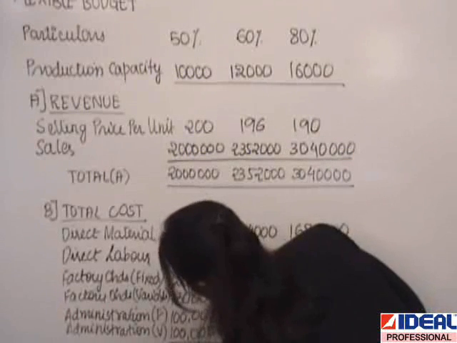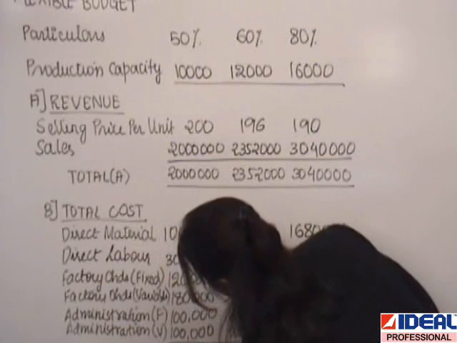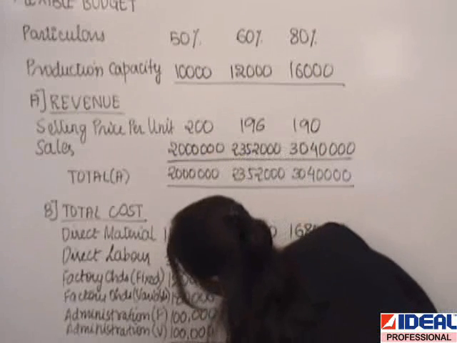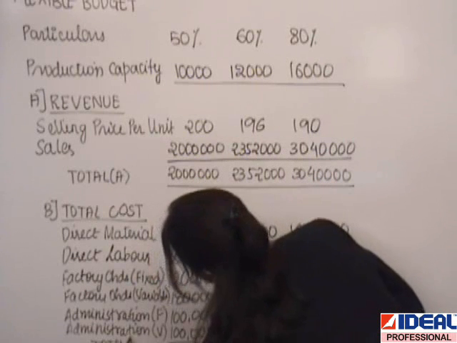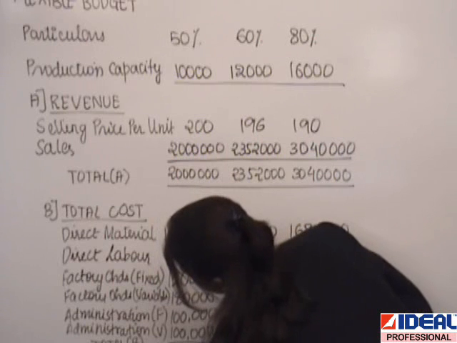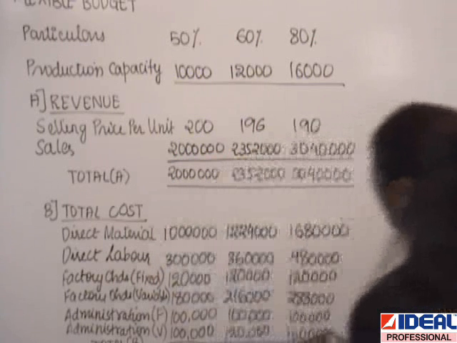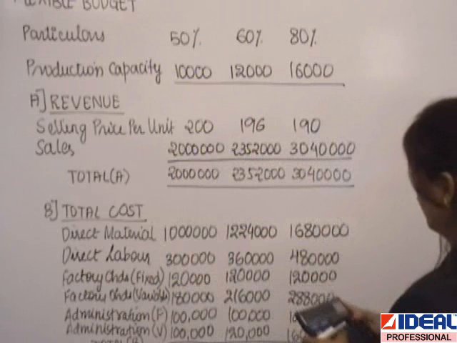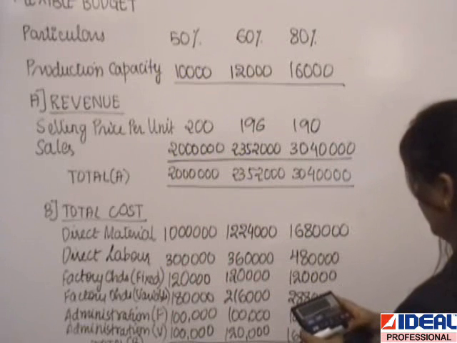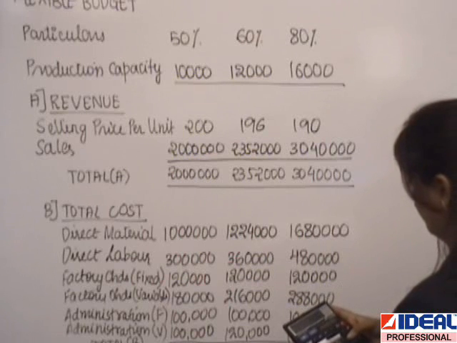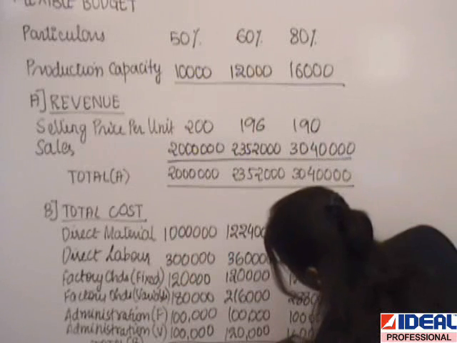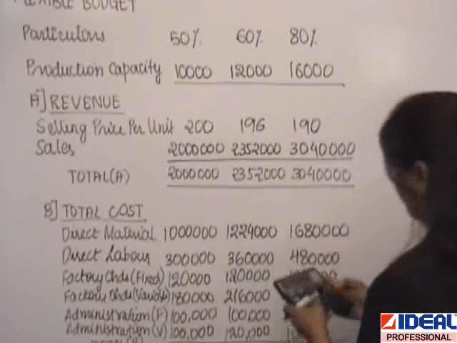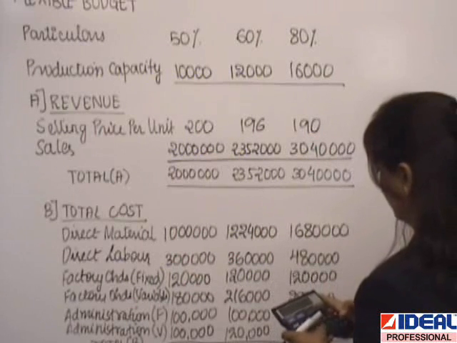18 lakhs is coming as the total cost for the first. So profit will be 2 lakhs. For the second, 12,24,000 plus 3 lakh 60, twenty-one lakhs 40,000, minus 23 lakhs 52,000.